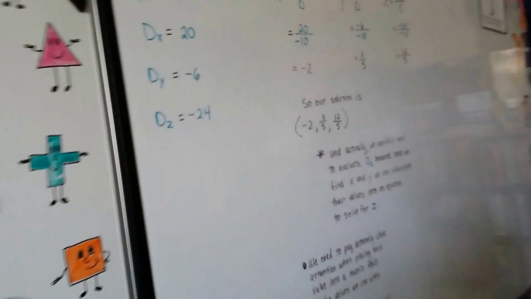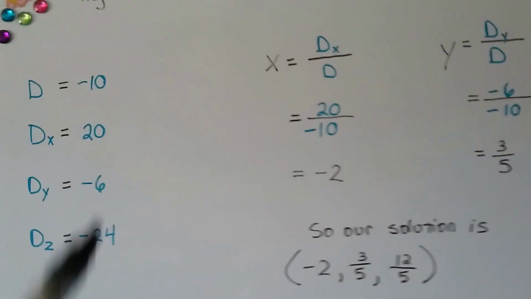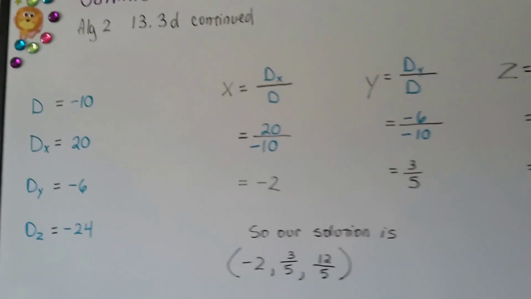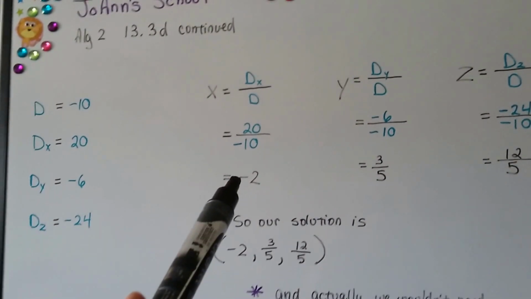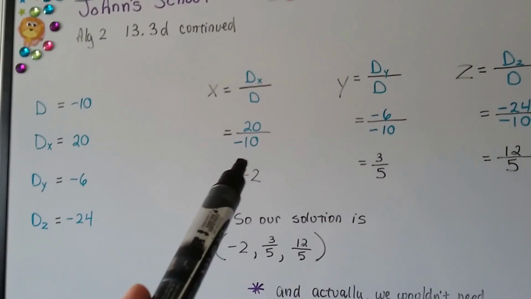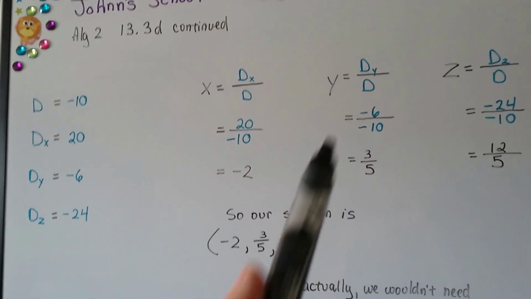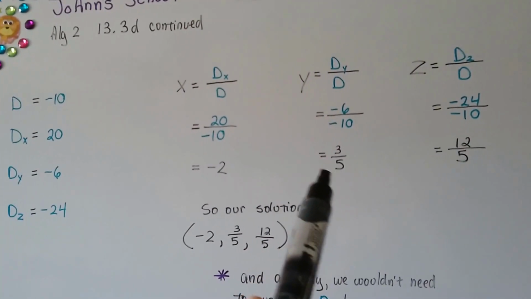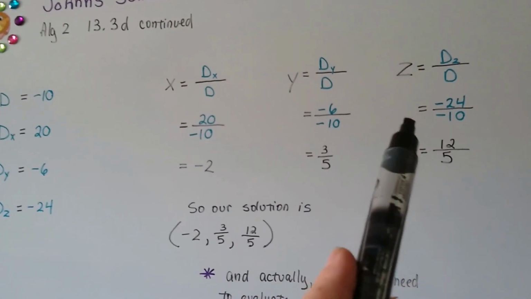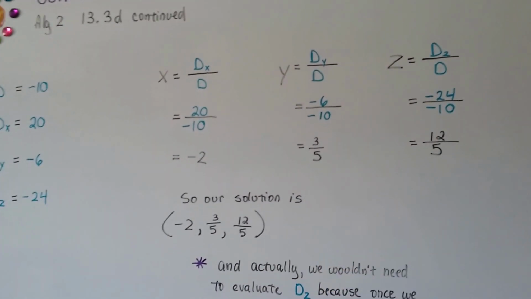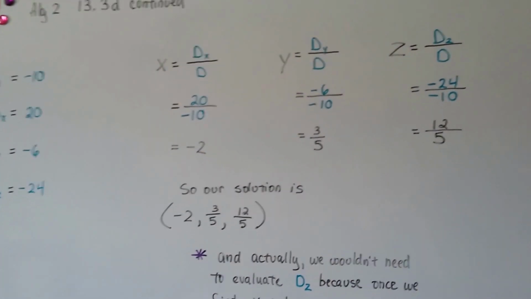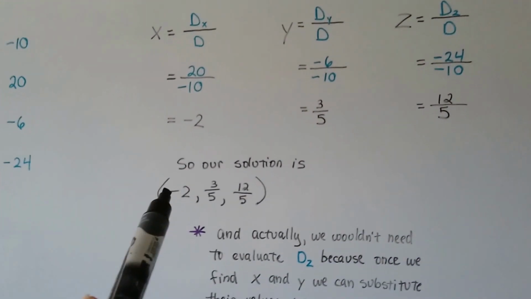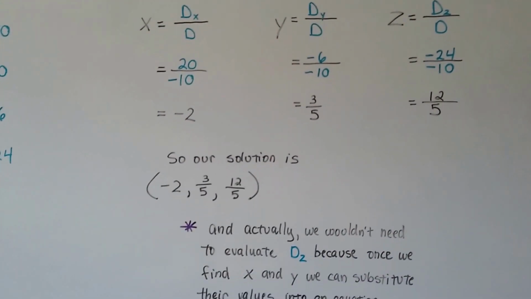All right, so we're going to find the x value using these, and we get a 20 divided by -10, we get a -2. For the y, we get a -6 divided by -10. That gives us a positive 3/5. And for the z, we get a -24 divided by a -10. That gives us a positive 12/5. So that's our solution: -2, 3/5, 12/5.